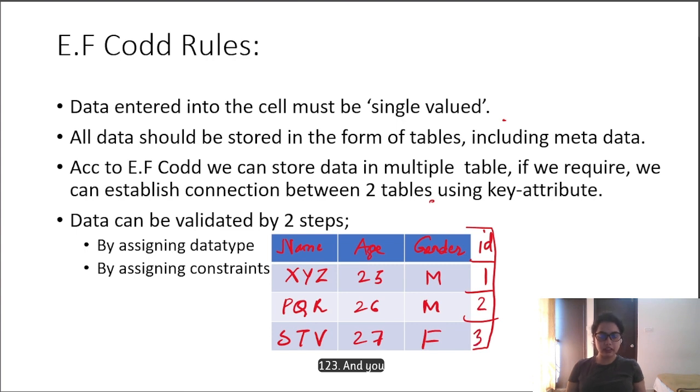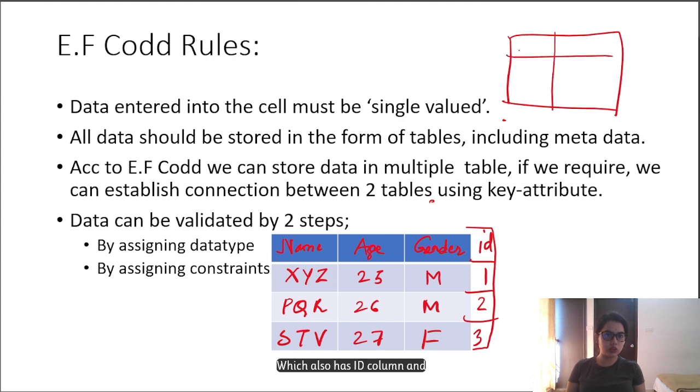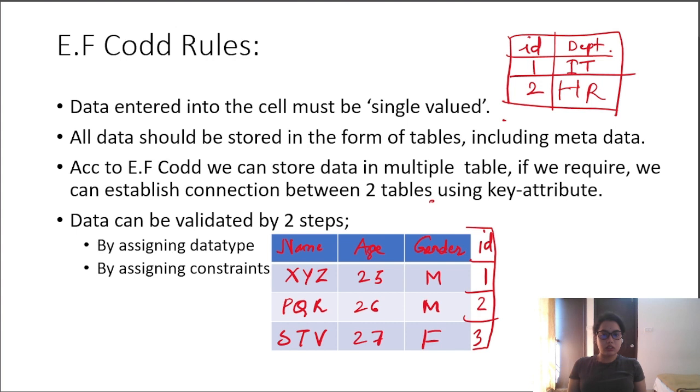And you have one more table which also has ID column and department column. Okay, so your department 1 and 2, this is IT, this is IT, this is HR, suppose. Okay, this is your HR. Now, how can we connect these two tables?